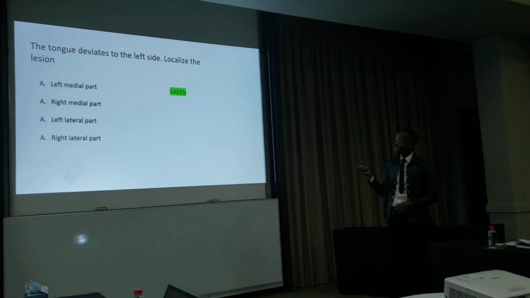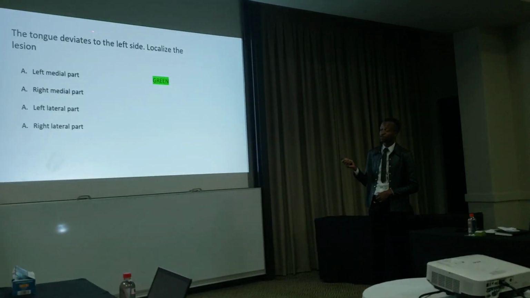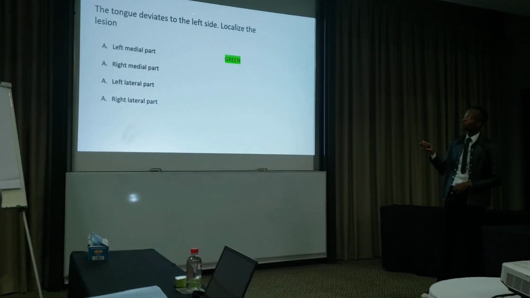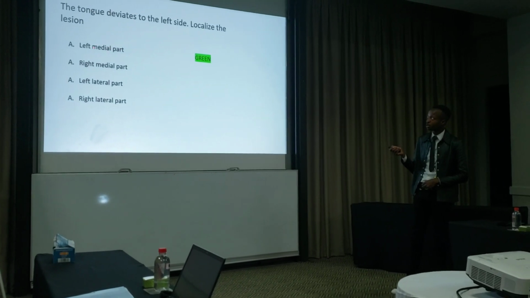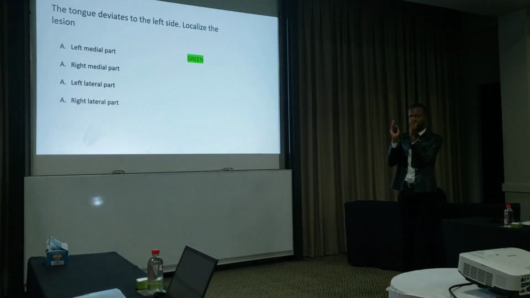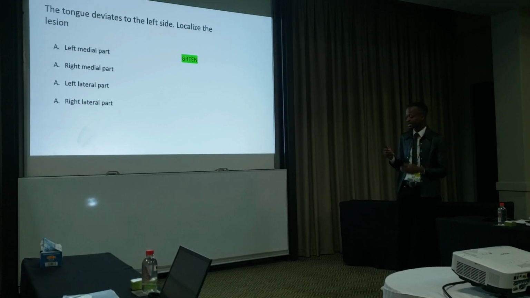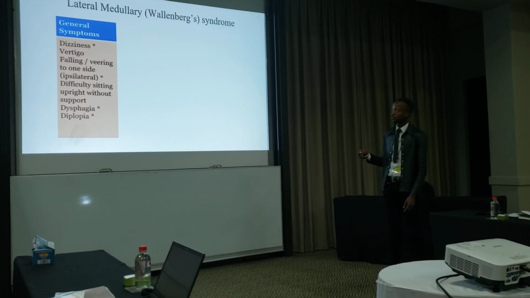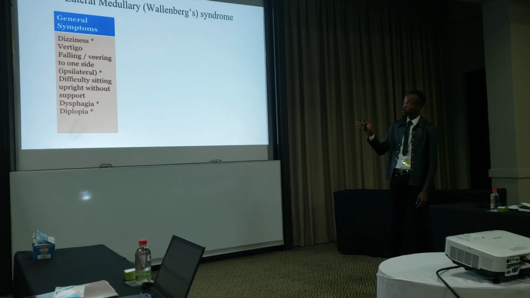So remember we said that the tongue will actually deviate to the side with the lesion. Then what's going to be affected is going to be the medial part, because that's where we say we have the central gray matter where we have the nucleus. Right? Then we also have lateral medullary syndrome, which has general symptoms which I won't go much on.